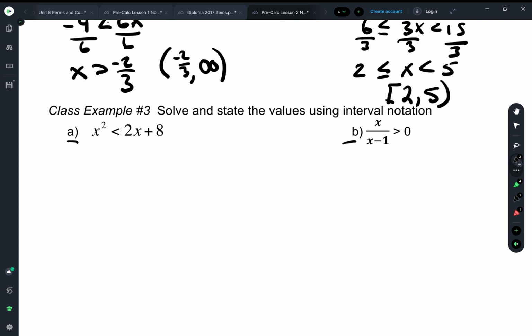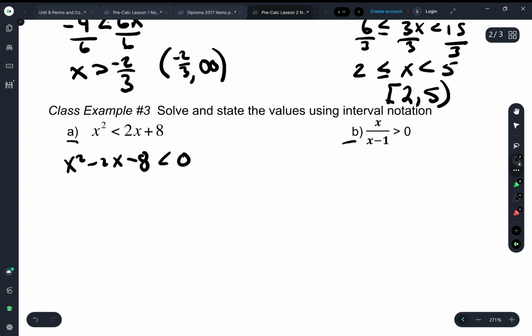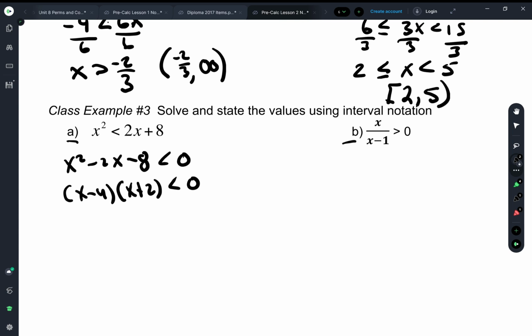So what we're going to do first is get everything together on one side. I'm going to move the 2x and the 8 over and make it less than 0. And we're going to factor: x minus 4, x plus 2. So that means we have a couple things to think about here.